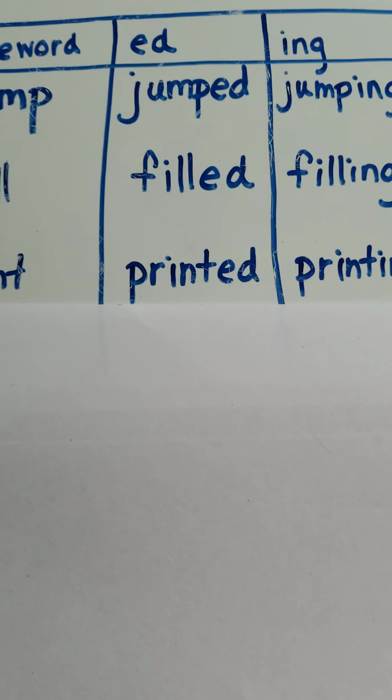If I add ing to that base word fill, the new word is filling. My last example is the word print. If you add the suffix ed to the word print, your new word becomes printed. If you add ing to your base word print, the new word becomes printing.